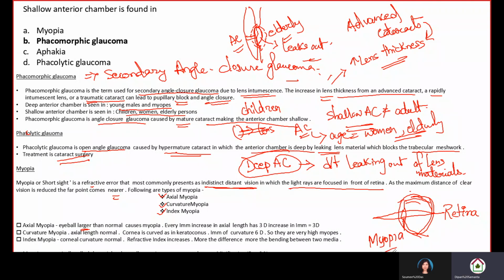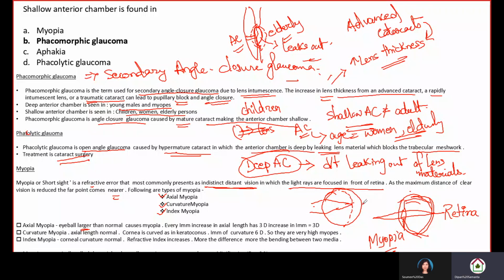And exactly what happens in axial myopia? Simply the eyeball becomes bigger. As the eyeball becomes bigger, the light rays get more and more space to converge. If the eyeball is normal, the light would converge exactly on the retina.